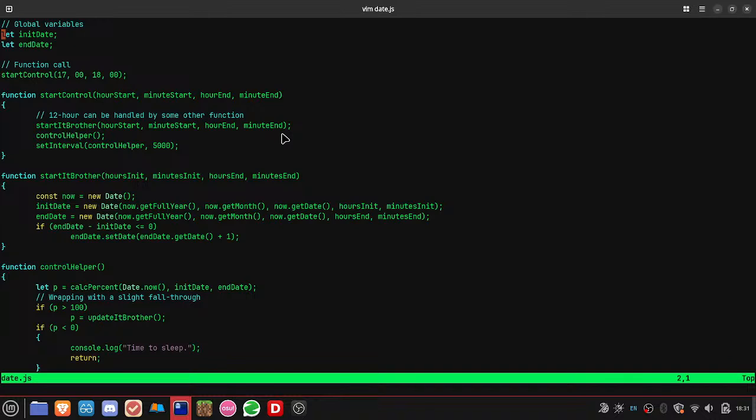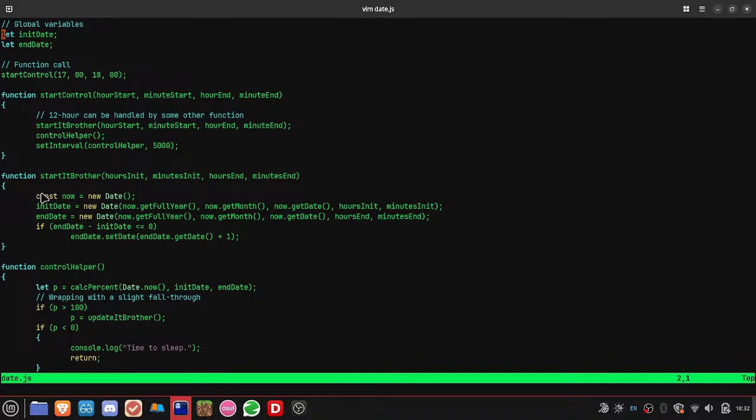And after the start control, we actually call this function. Keeping it fixed allows us to define everything in a fixed manner. And init minus init is less than or equal to 0. It's fine. It will just shift it to 24 hours.